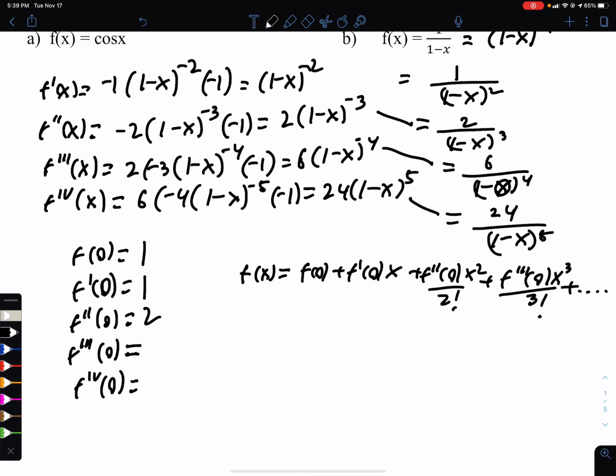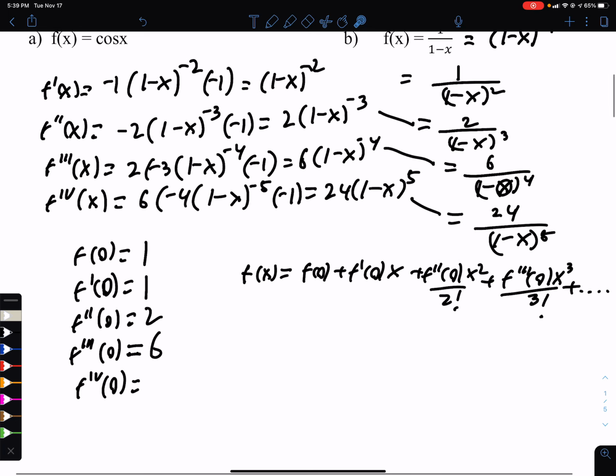I put a 0 here. 6 over 1 is going to give me a 6. And then one more. For the fifth derivative, I put a 0 here. I get 24 over 1, so we get 24.